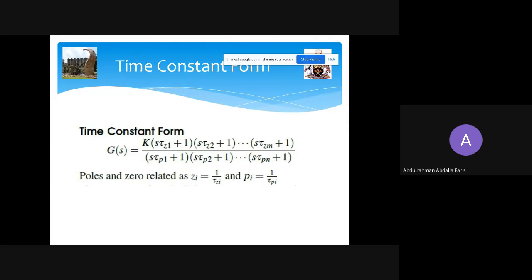So when I say pole, I mean s tau plus 1, and then I set this to 0. So I will have tau p1 equal to minus 1.